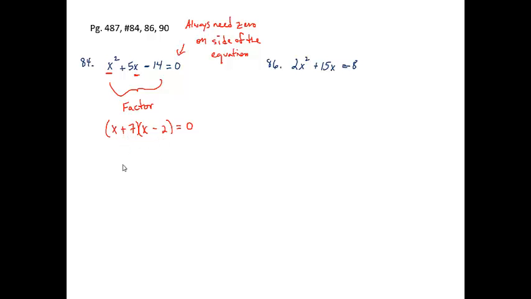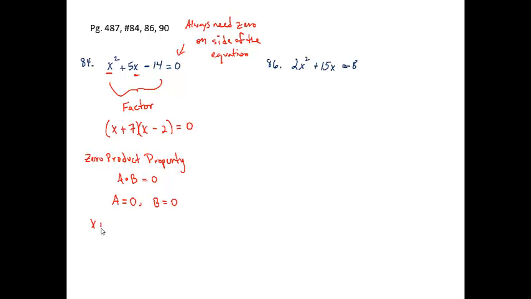Then, the next part is to use the zero product property, which says if I have A times B equals 0, well, one of them must be 0, or both of them must be 0. So you set A equal to 0, as well as B equal to 0. So look here, I have x plus 7 times x minus 2 equals 0.